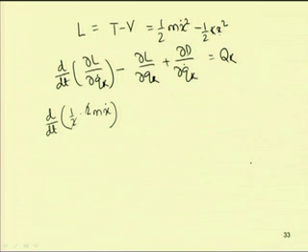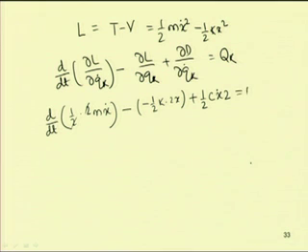As this is not a function of x dot, this becomes 0. Then ∂L/∂x will be minus of minus half k into 2x, and ∂L/∂ẋ also becomes half c x dot into 2.